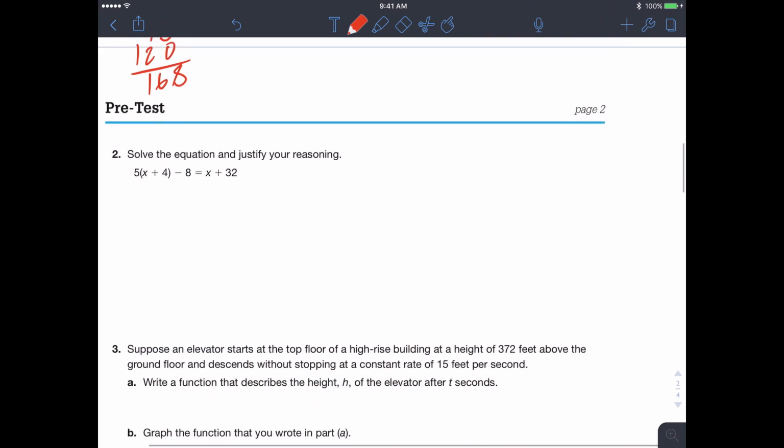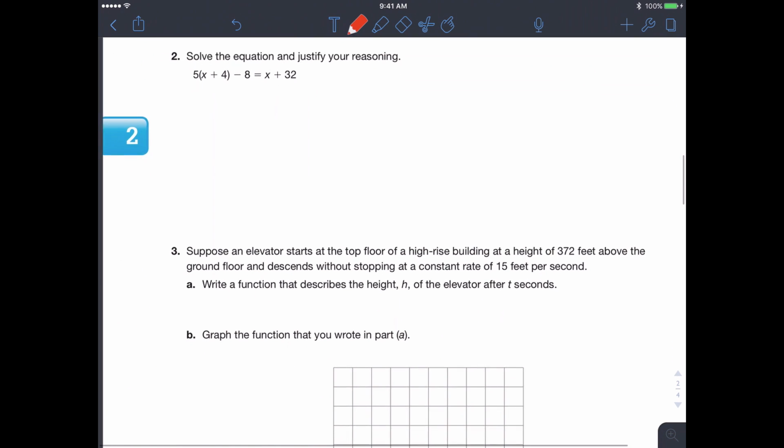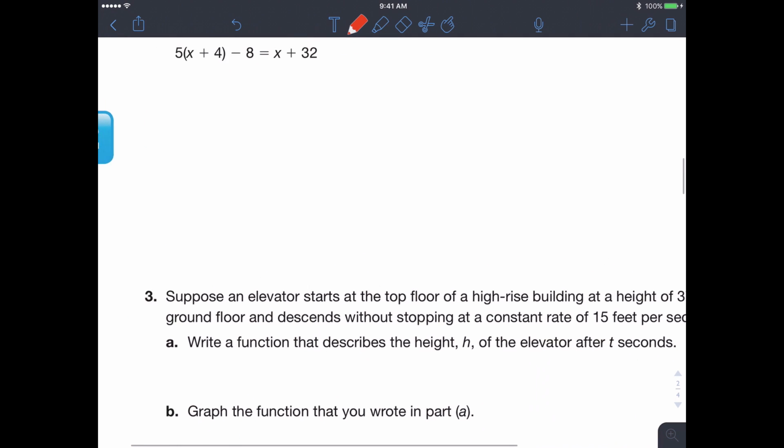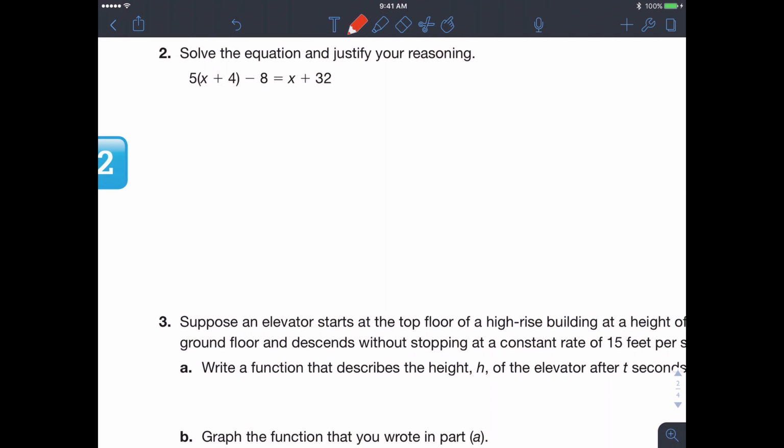Let's see. What's next? Number 2, solve the equation and justify your reasoning. All right? Not too hard. So anytime you see parentheses, like you do here, that's the distributive property. So 5 times x is 5x plus 5 times 4 is 20 minus 8, and just bring everything down.